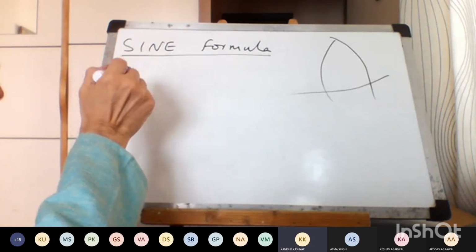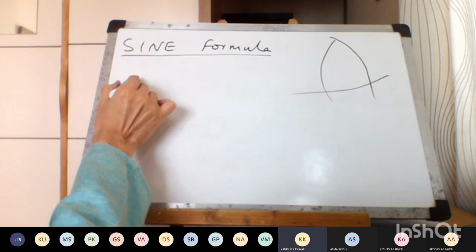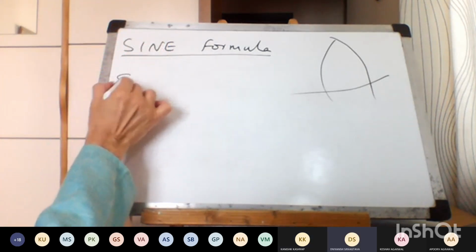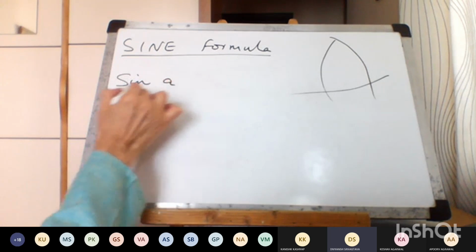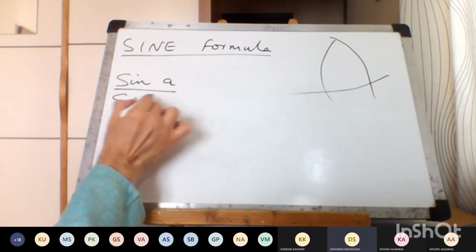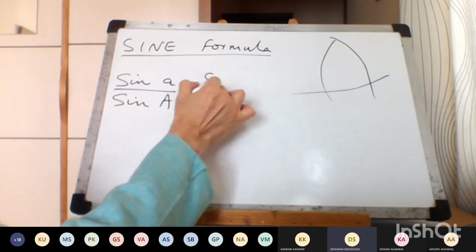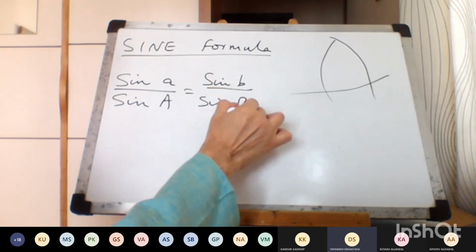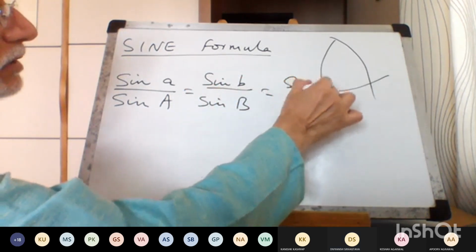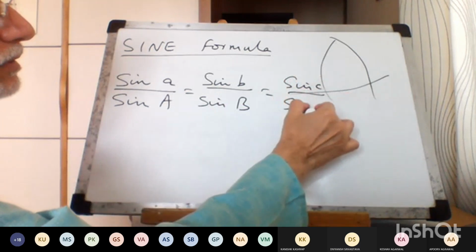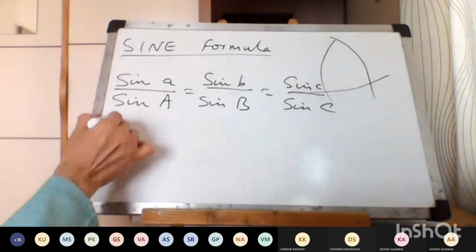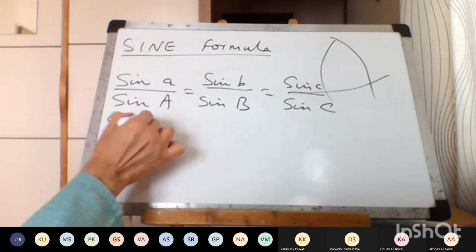The sine formula is sine side a upon sine angle A equal to sine side b upon sine angle B, equal to sine side c upon sine angle C. Good.